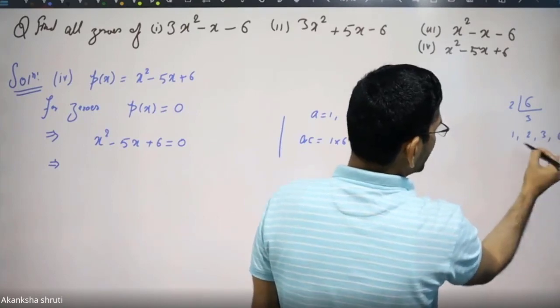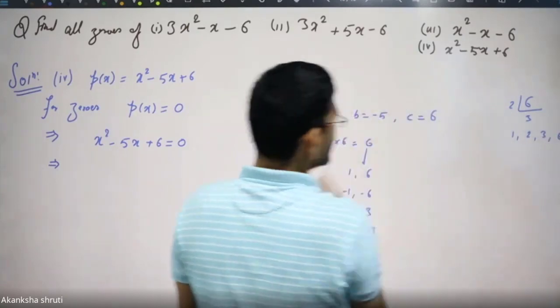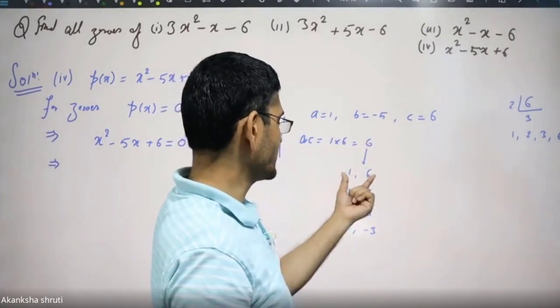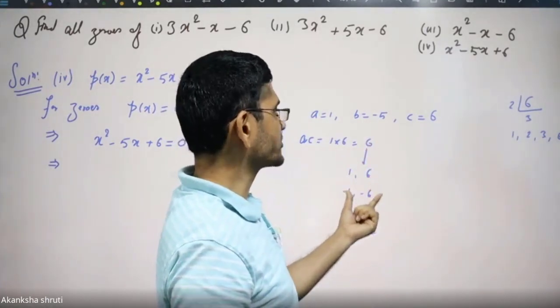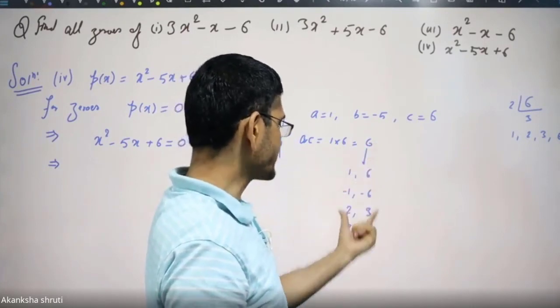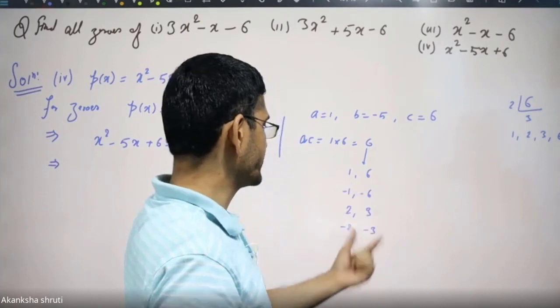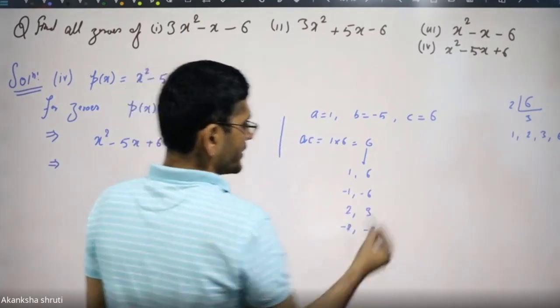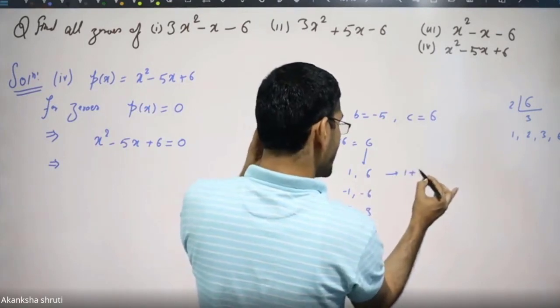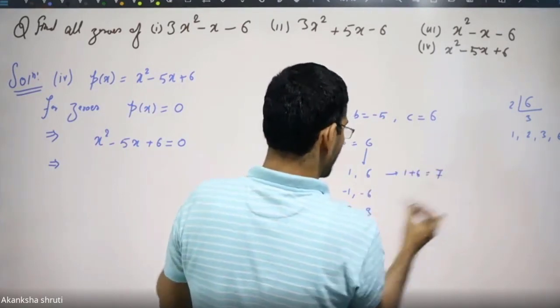But we need to take the pair so that the product should be 6. So that's why this 6 is written as the product of two factors. Those factors we have written here along with the sign. Now go for adding this along with this sign. 1 plus 6, it can give us 7.